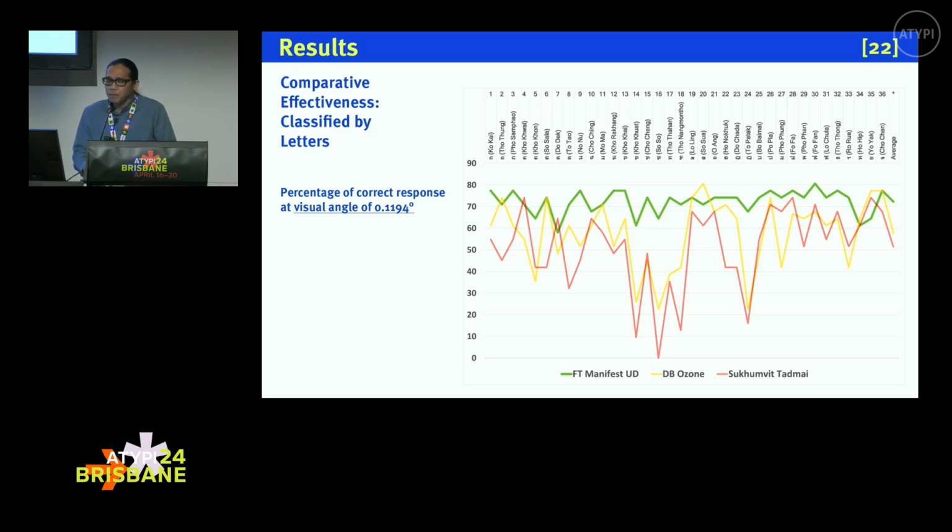But for some characters, such as character number 20, Sỏ Sửa, and character number 35, Yó Yak, the others have higher effectiveness.